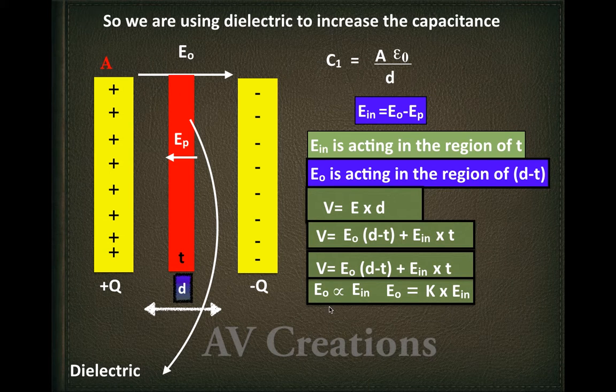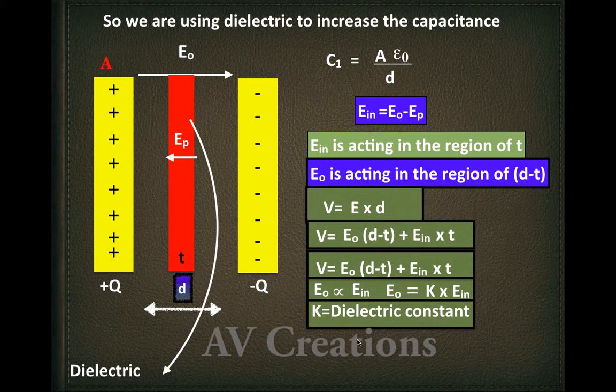We can write EO proportional to E in. To remove this proportionality sign, we can add a constant. That constant is K, the dielectric constant. So EO equal to K into E in. From this equation, E in equal to EO by K.